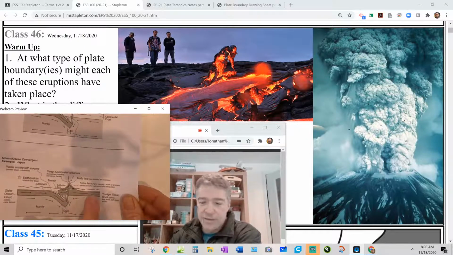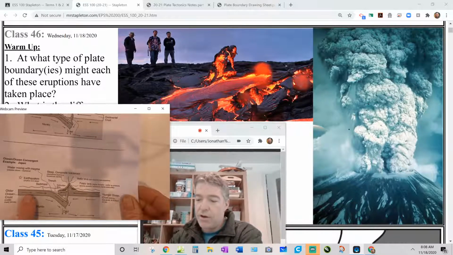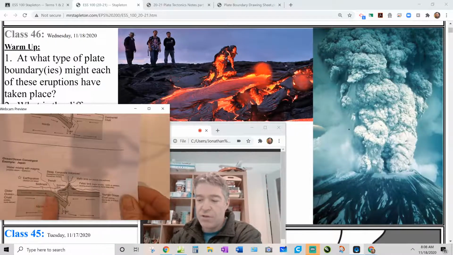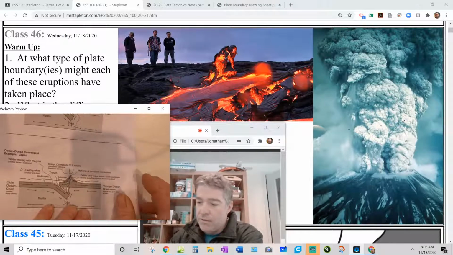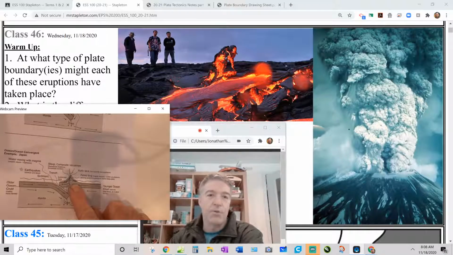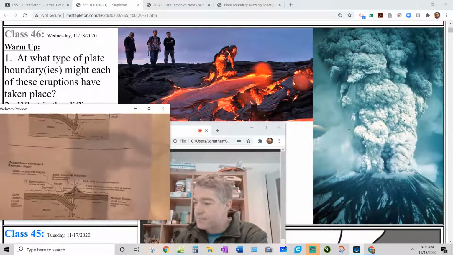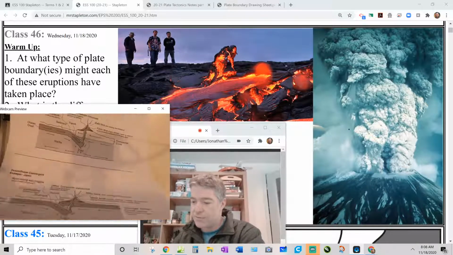But this is like the Pacific Ocean and the Japan Sea and the Pacific Ocean diving under and making Japan. But this could actually produce both of those kinds of eruptions in the picture too, because it's got sediment that's melting and it's also got ocean crust, so you've got both kinds of lava. And go through some other ones.